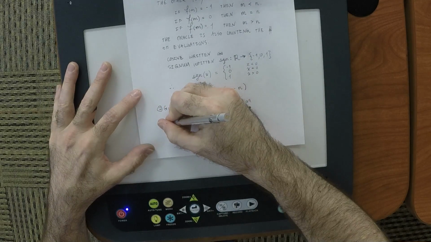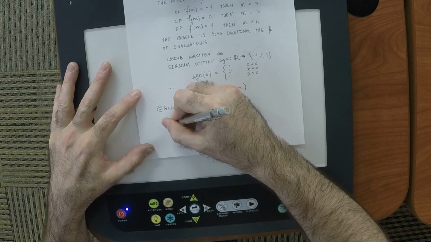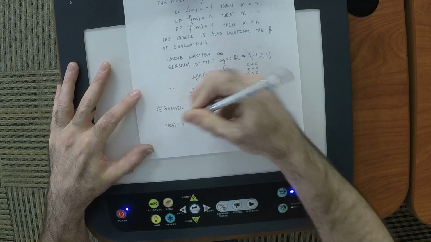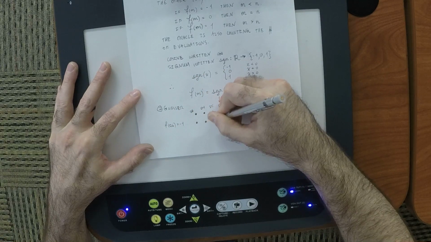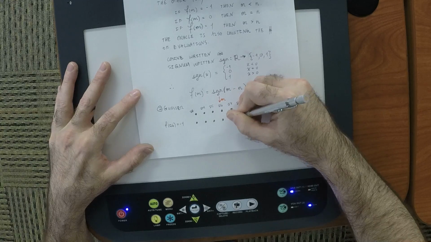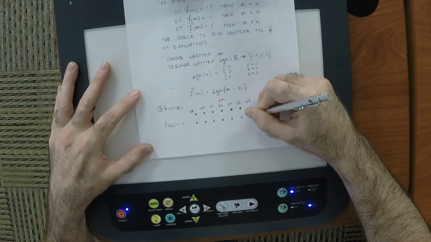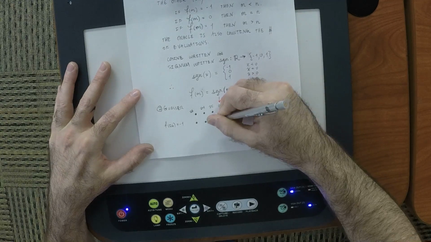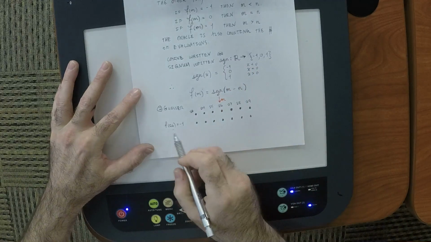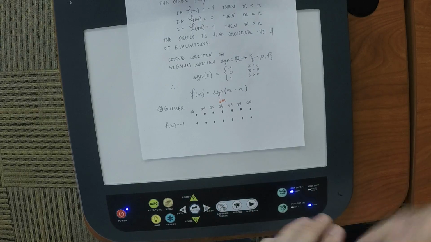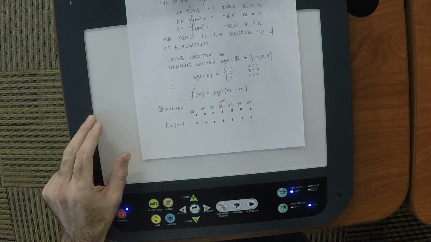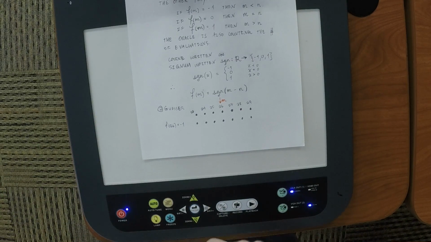If it is the case that f of 26 is -1, then by virtue of the output of the oracle being not 0, that means that the answer is definitely not 26. Because if it was 26, the oracle would have responded with 0.